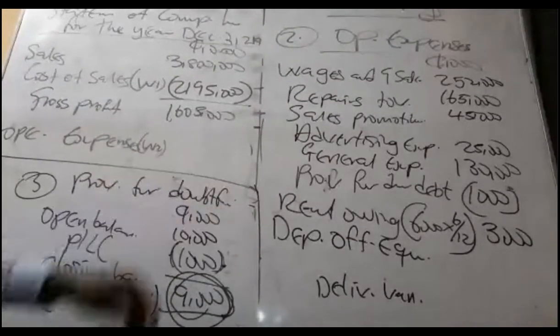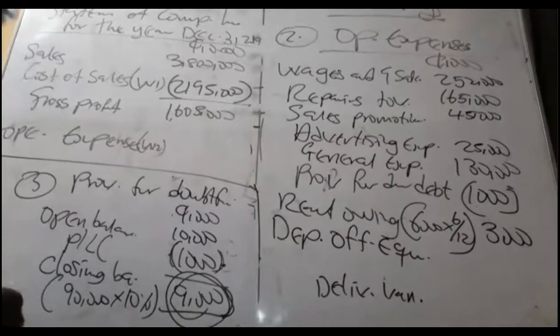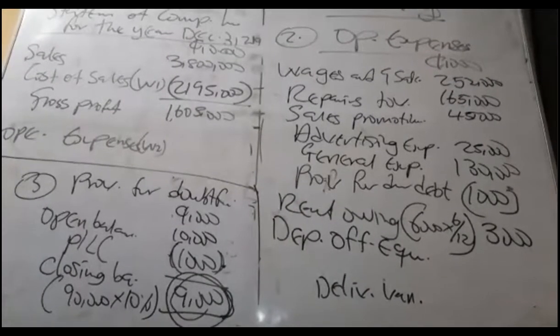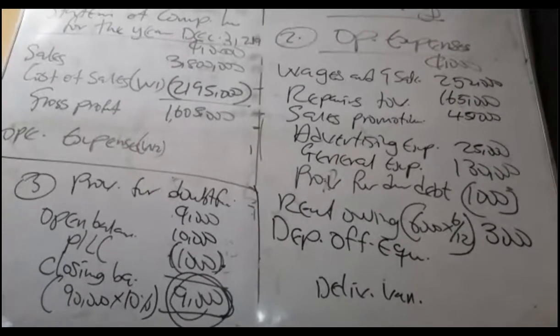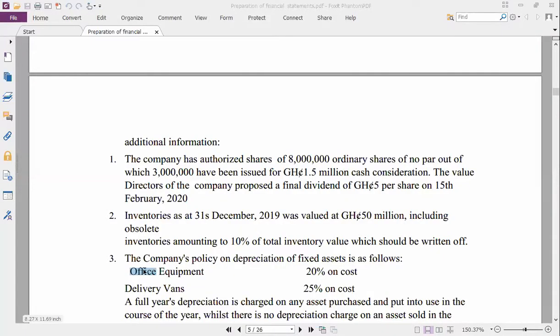Then go to the footnote again. If any of them has another footnote, then it means that one, don't do it now. Do the one that does not have any footnote, because that one does not require any adjustments. So all I'm saying is this: check the asset that you are going to depreciate first.